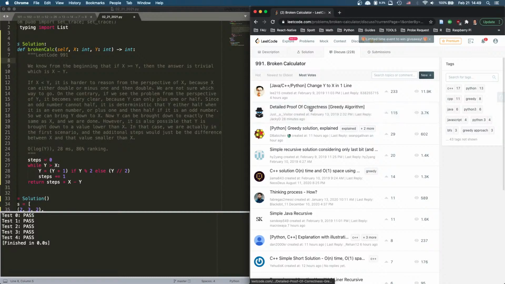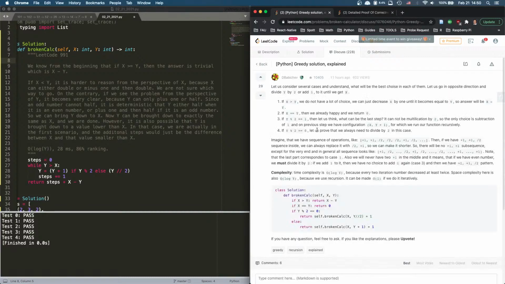Yeah, I want to see. This is greedy, but it approaches it from a different angle, an arithmetic angle, a mathematical angle. But at the same time, it is still greedy, right? So whenever there's a greedy approach, you have to prove it. This guy does it every day.